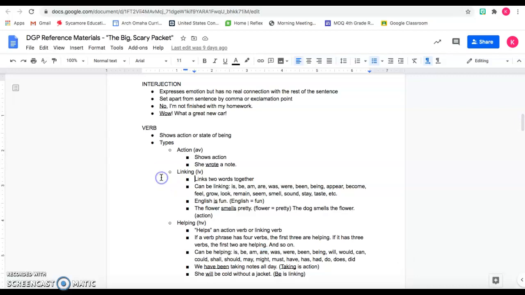Now, it is a linking verb, and here's what I really want you to take away with linking verbs, is that you can replace the linking verb with an equal sign, kind of like in this example. English is fun, English equals fun. And if you can replace it with an equal sign and the sentence still conveys the same message or information, it is a linking verb.